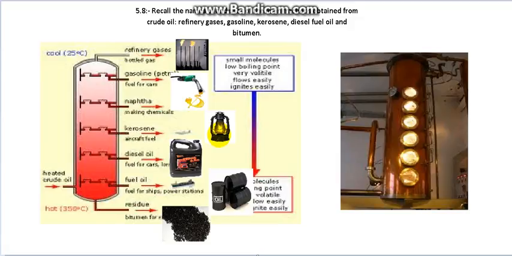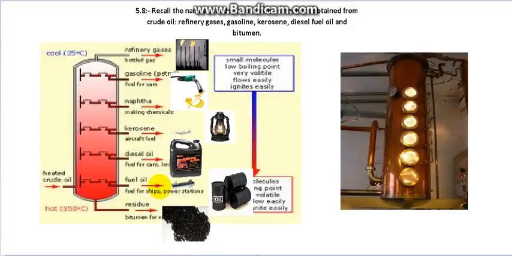These are cooled gases, only at 25°C. Those are the flames that you see sometimes at manufacturer sites; those are products of refinery gases. And at the bottom, which is the hottest, 350°C, over here is residue slash bitumen.